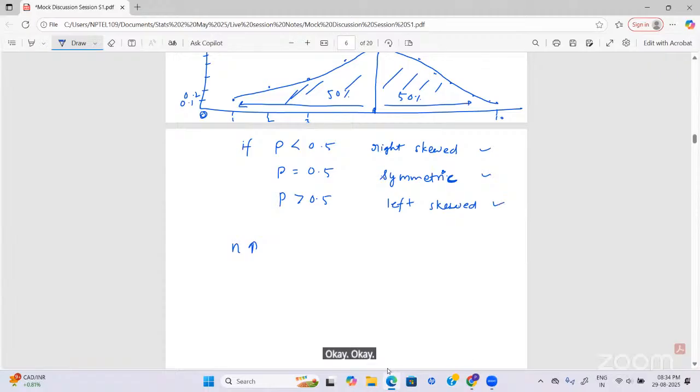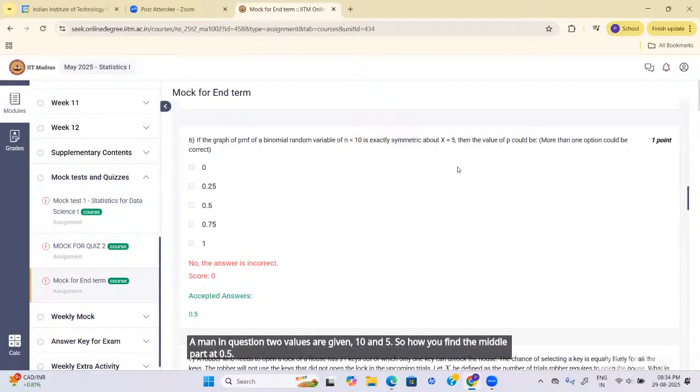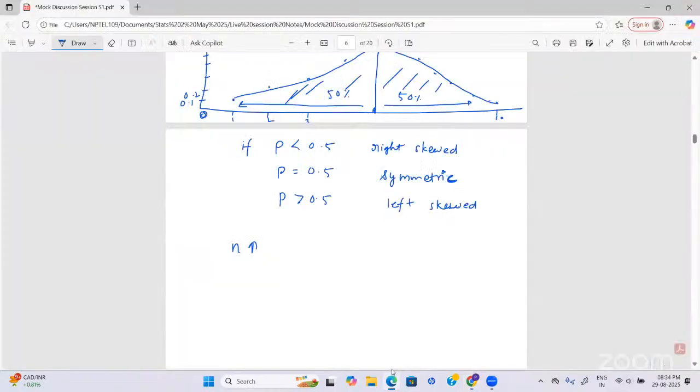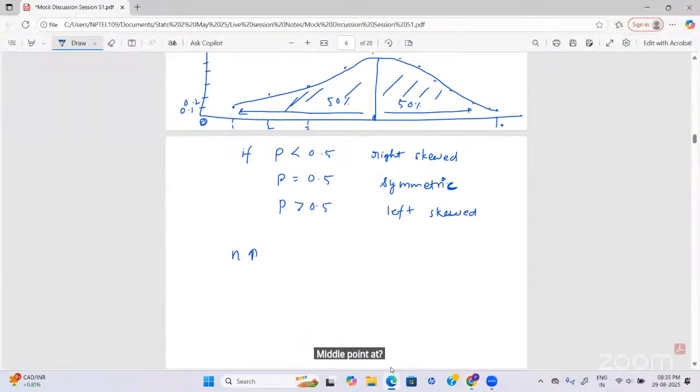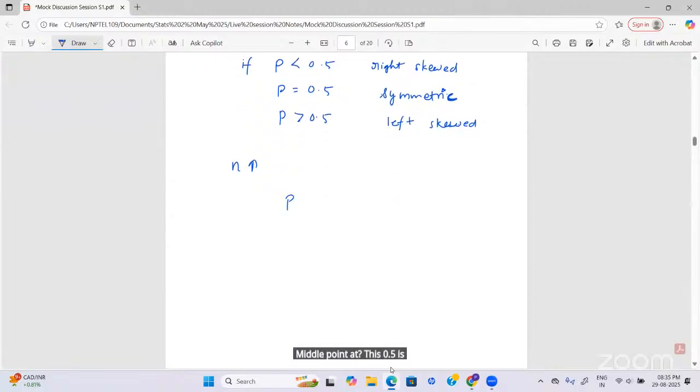Okay, thank you. Ma'am, in question 2 the values given are 10 and 5. How did you find the middle point at 0.5? This 0.5 is the probability of success.